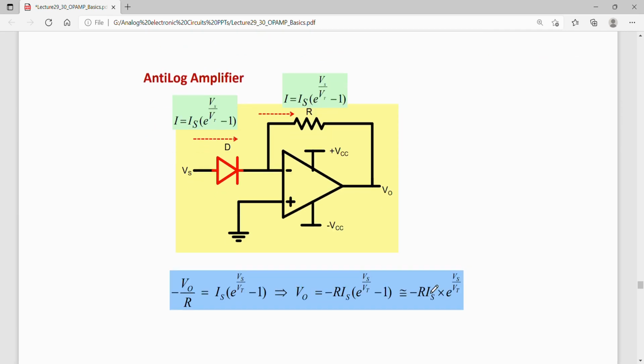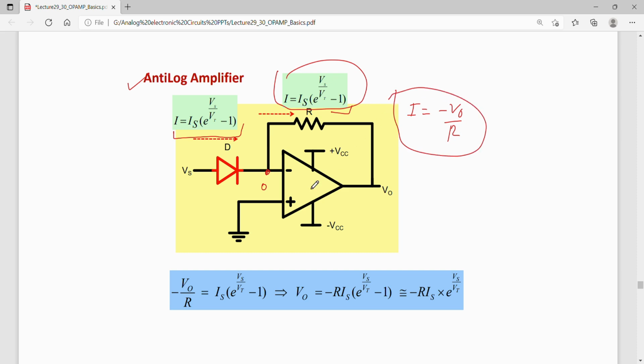Now similarly, an anti-logarithmic amplifier can be created by connecting the diode here, and the feedback resistor remains the same. Again, the current through the diode can be written using the diode current equation. The same current flows through this resistor, knowing this node potential is 0, so 0 minus V naught, or I can write the current going through this as minus V naught by R. Both these currents are equal, so I can equate them, and from here I can find V naught.